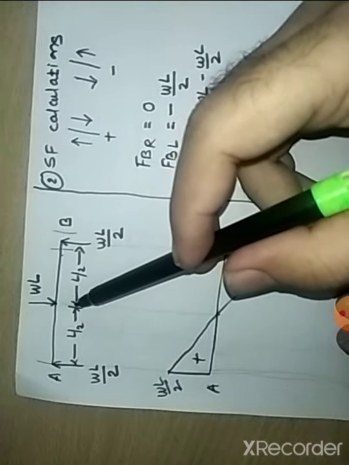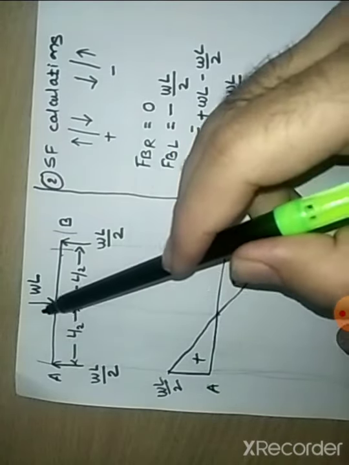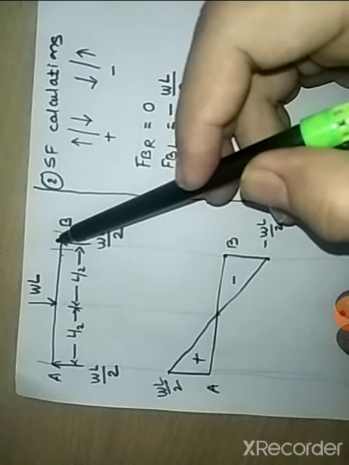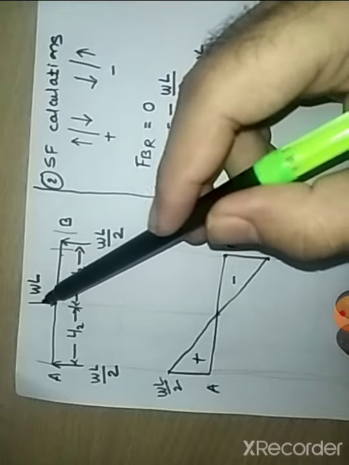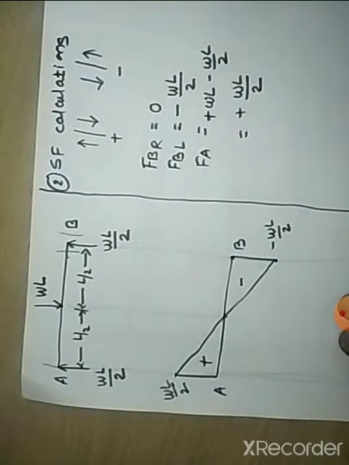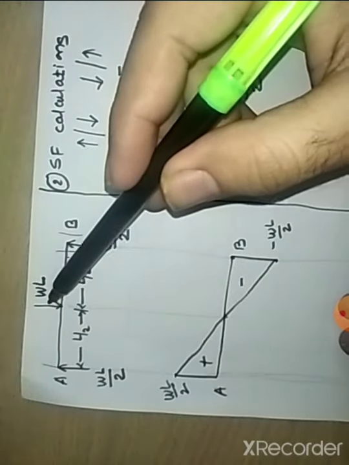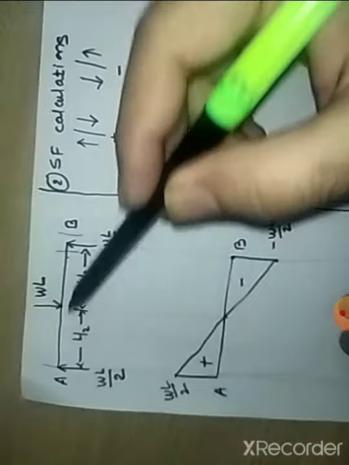Why does it come exactly at L by 2? Because whatever the UDL is given, it spreads on the entire span, and we assume that the equivalent point load due to the UDL acts exactly at the center of that length.